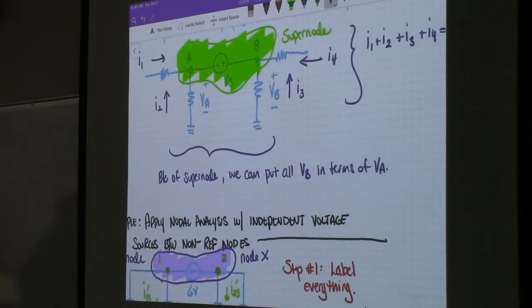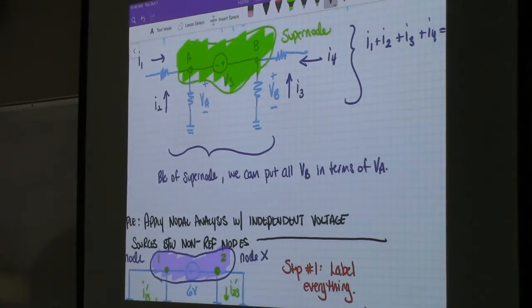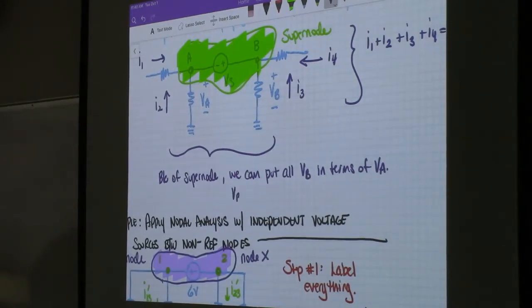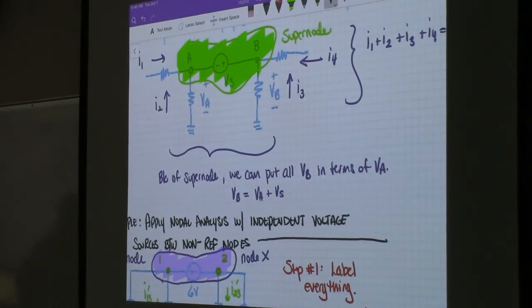We can completely eliminate VB from the problem altogether by simply saying that VB is equal to VA plus a known value, which is VS. So if we're going to eliminate one unknown, we also need to reduce the number of nodes, or the number of KCL equations, right?